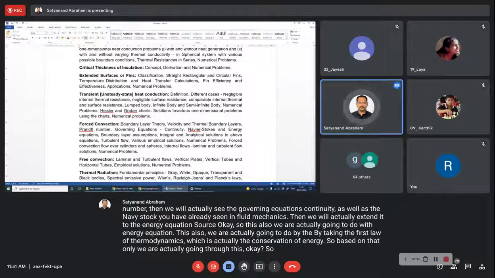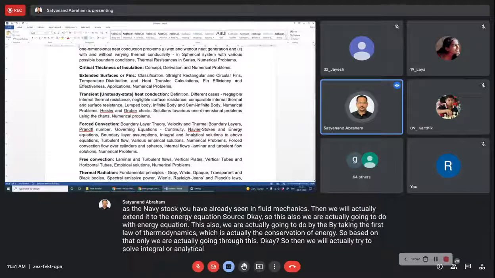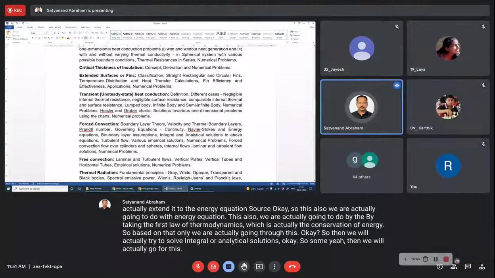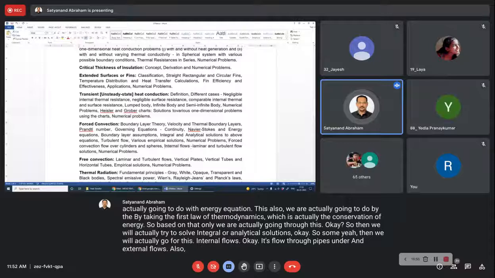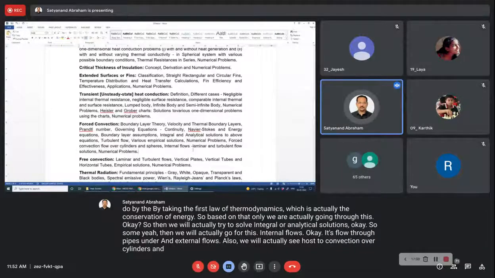Okay, then we will try to solve some integral or analytical solutions. Then we will go for internal flows, flow through pipes and all, and external flows also, forced convection over cylinders and spheres. Likewise, simple problems we will see.